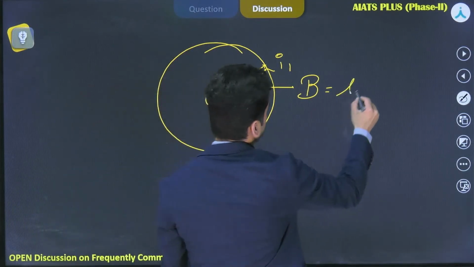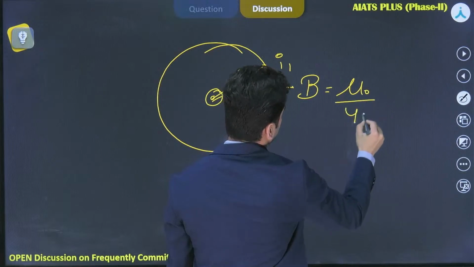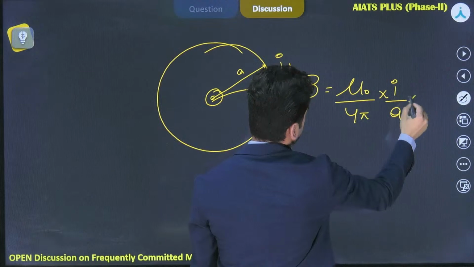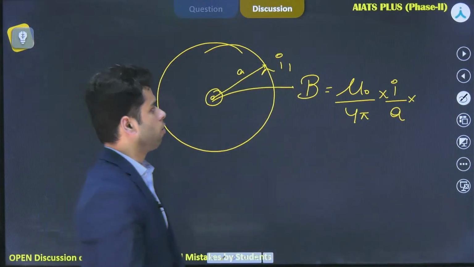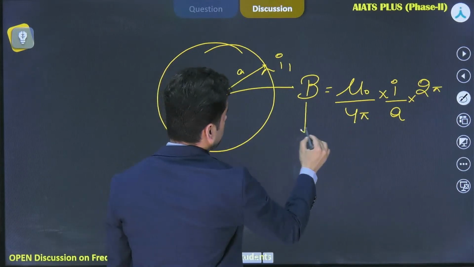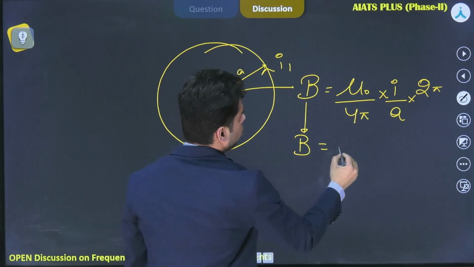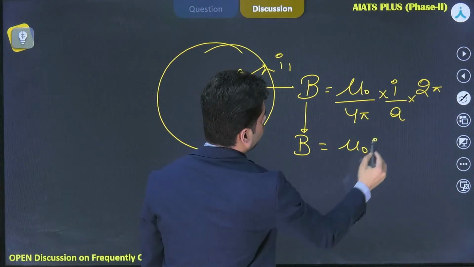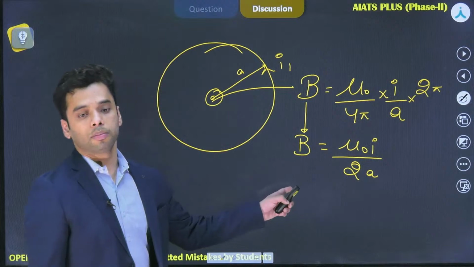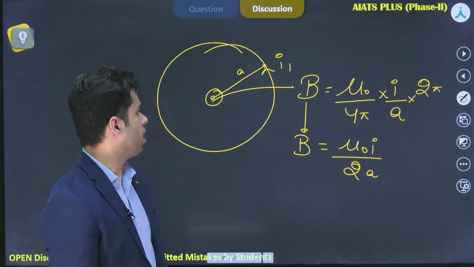You can write it as mu naught over 4 pi into I by A, and the angle subtended at the center due to this complete coil will be 2 pi. So the value of B will be equal to mu naught I over 2A. This will be the expression for the magnetic field at the center.